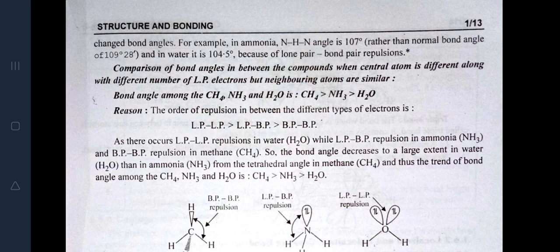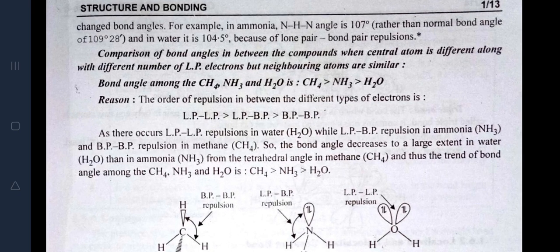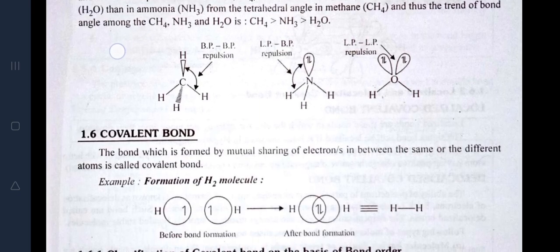As there is lone pair repulsion in water, lone pair-bond pair repulsion in ammonia and bond pair repulsion in methane, the bond angle decreases to a large extent in water compared to ammonia, from the tetrahedral angle in methane. And the strength of bond angle among CH4, NH3, H2O is CH4 greater than NH3 greater than H2O.